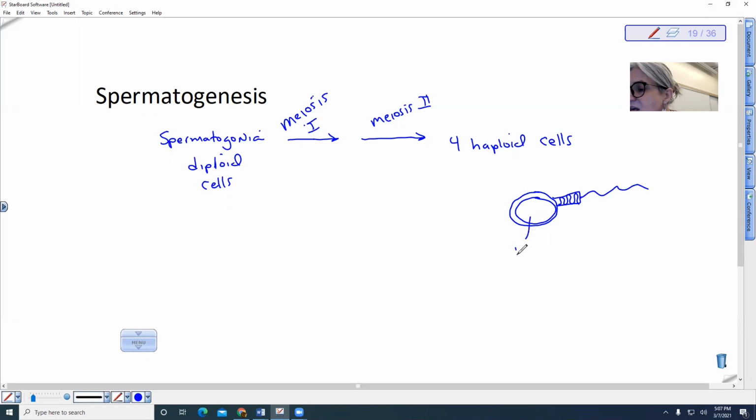So this is the nucleus of the sperm. This is the head region. This is my midpiece region. And this would be the tail. So this is the flagellum.